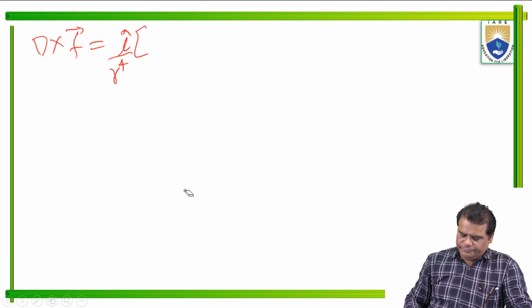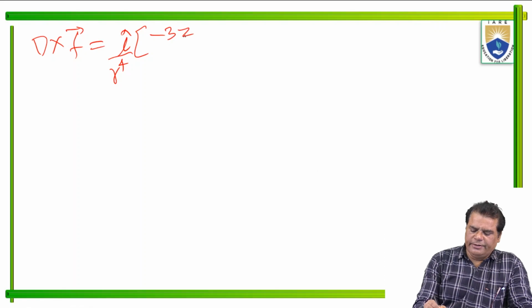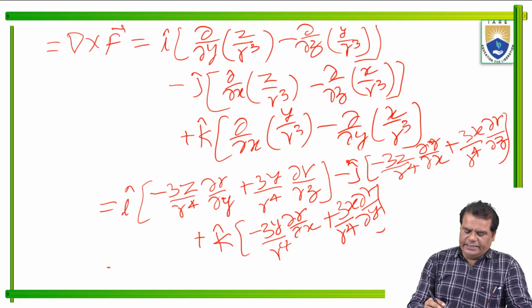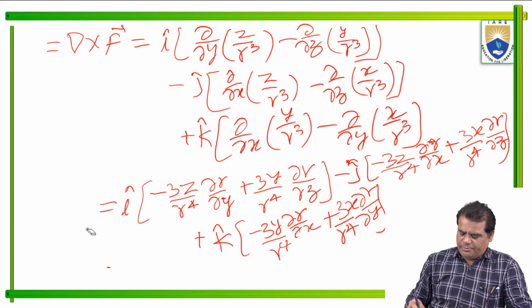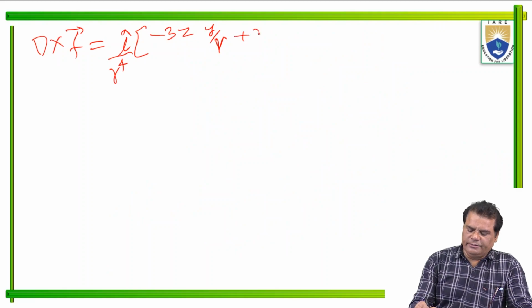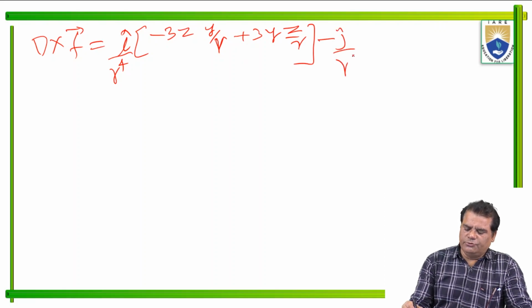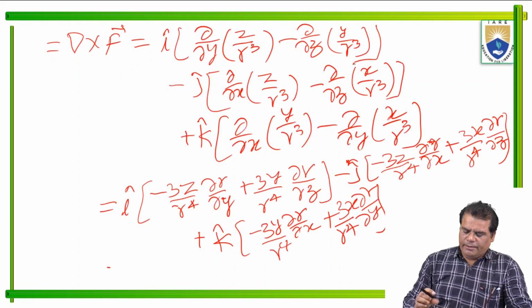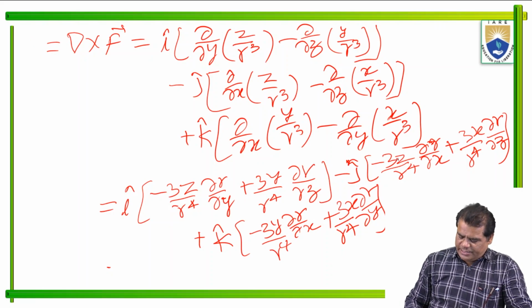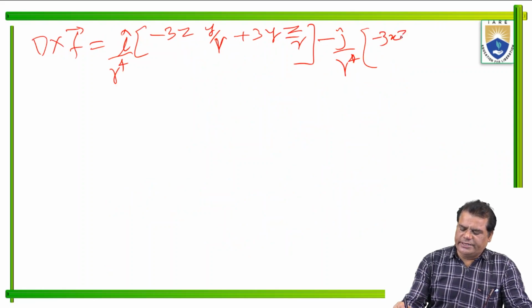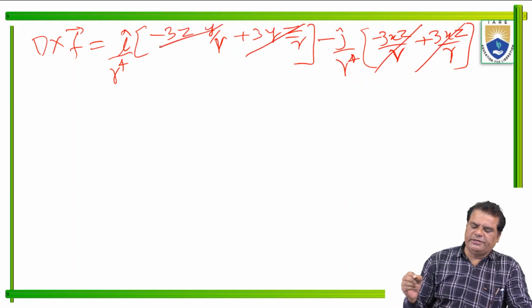Here is minus 3z, here y upon r, minus 3z, this y upon r to the power 4 is common and here is z upon r plus 3yz upon r to the power 4 is common, minus j upon r to the power 4 in bracket here, next bracket, minus 3x upon r, minus 3xz upon r and plus 3xz upon r, and this term cancels by this.